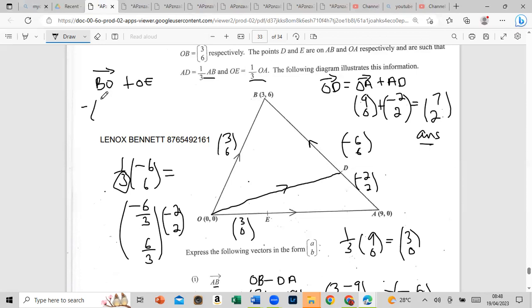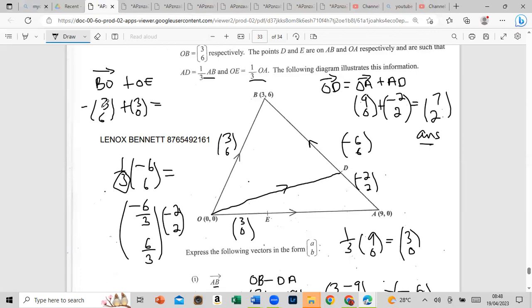Everyone should be getting straight A's as long as you're part of this channel. With OE, we're going with the arrow, so we don't need to put a negative. Once you're going against the arrow, you have the negative, but once you're going with the arrow, you don't need it. So let us simplify this.